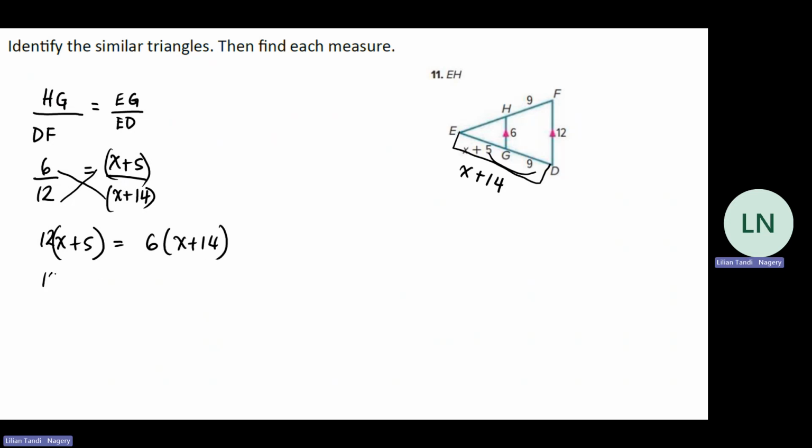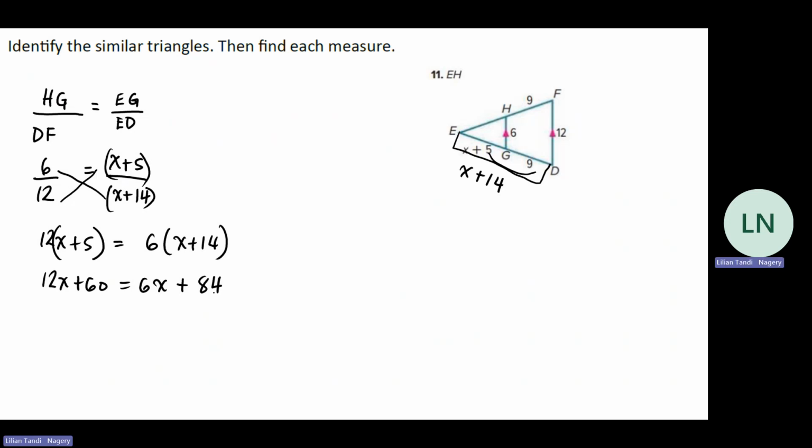Okay, so this is 12x plus 60 equals 6x plus 6 times 14, 84.